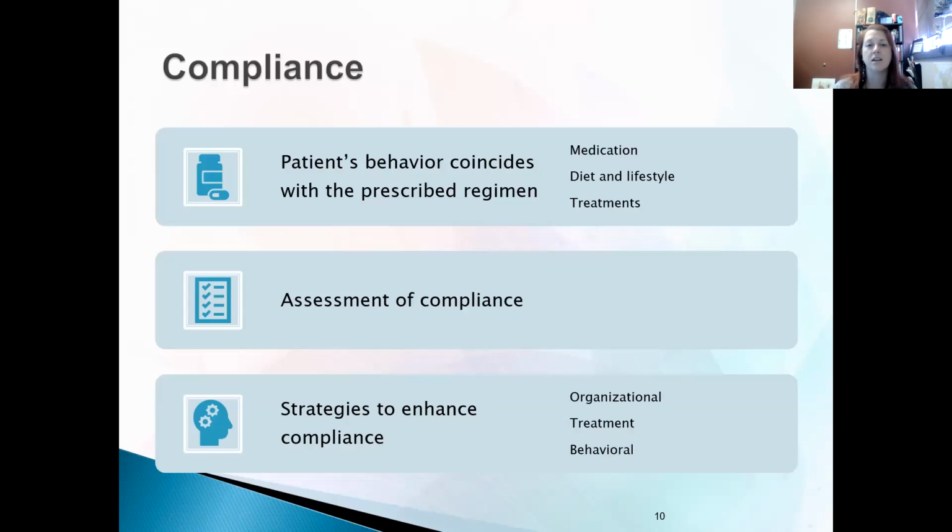So especially pediatricians' offices now have at least a day a week with evening hours, like 5 to 8 o'clock, that the parent can come in and be seen in, or sometimes there's weekend office hours. Sometimes we do things like giving them a bus pass, public transportation, or a taxi voucher so that they can get to their appointment when they need to. So those are things that can help with organizational strategies.